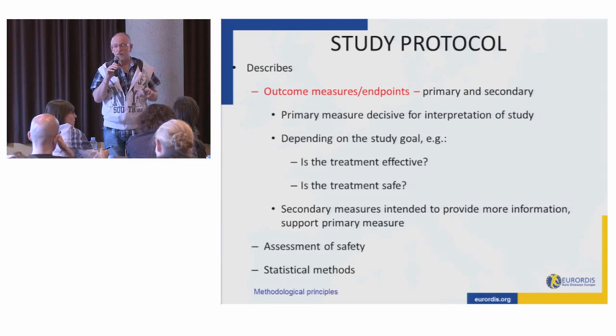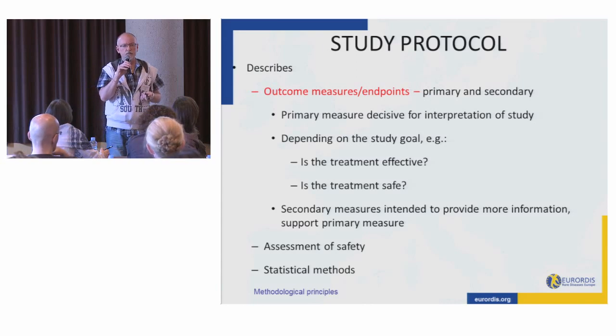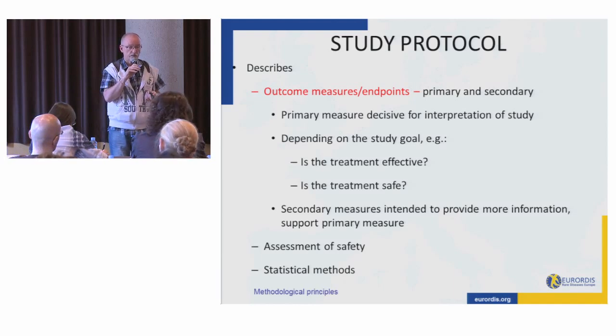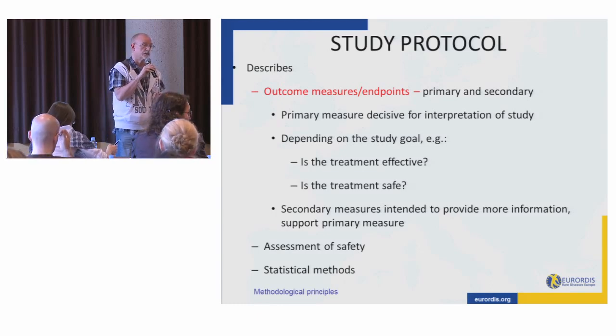Let's take Alzheimer's disease as an example. In mild to moderate Alzheimer's disease, regulators expect that you will show efficacy using two primary endpoints, one being cognition and the other being function. So how you function and what your cognitive capabilities are.